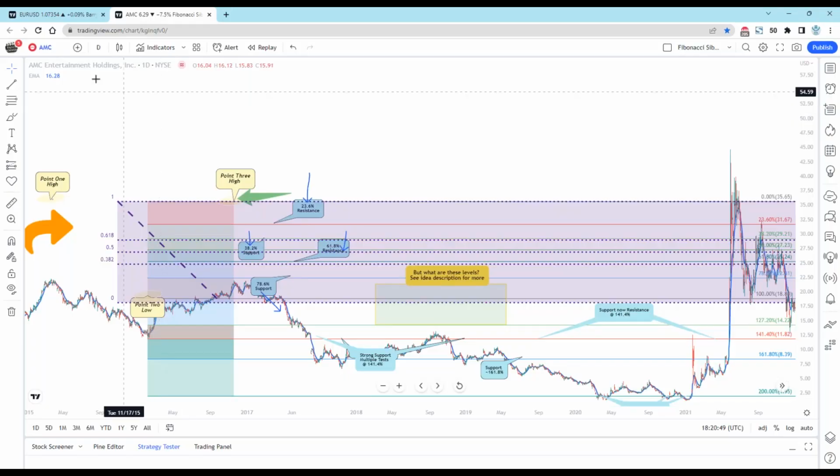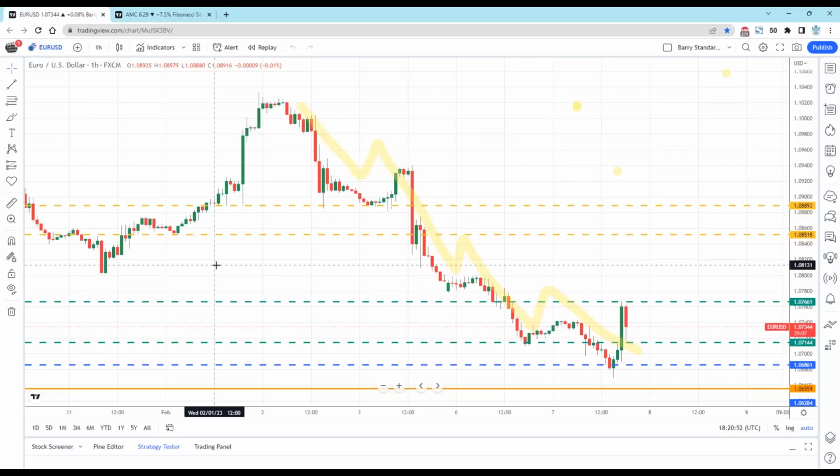We're going over to my Euro US dollar chart. This is what I call my teaching chart. I teach all the classes using a Euro US dollar chart. I got this ready before class because I want to see if I could show you. Now, what do you see on this chart? We're in the middle of a downtrend. And what did you see? Push, ease, push, ease, push, ease, push.